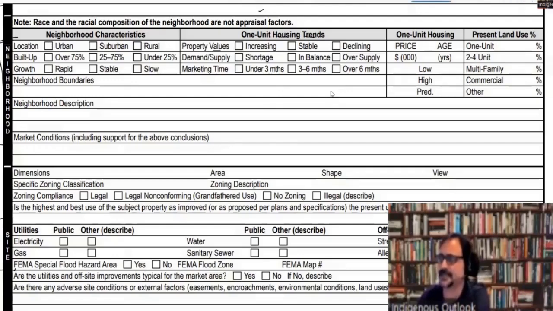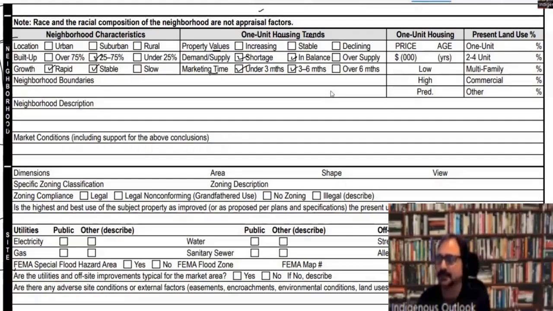The third is marketing time. If growth is rapid, there is a shortage, and any property that comes into the market for sale should get sold under 3 months. If it is stable, it should be in balance, and it should get sold in 3 to 6 months.